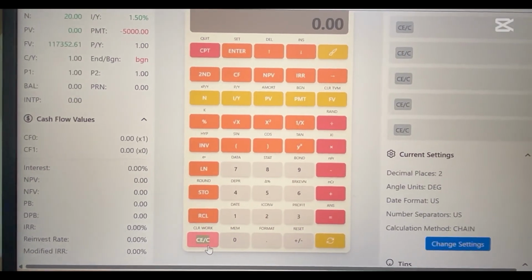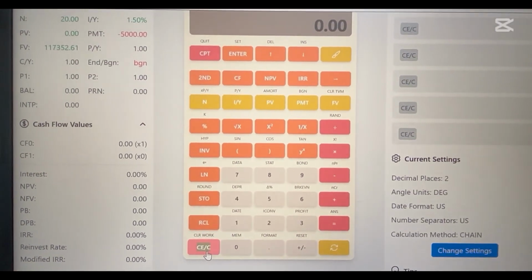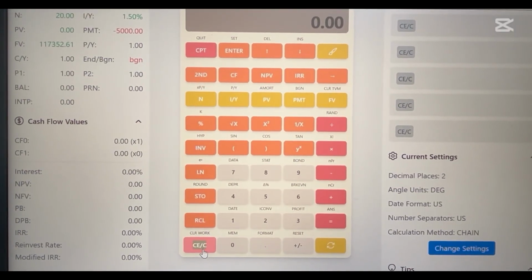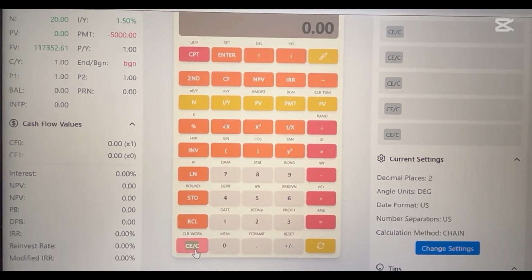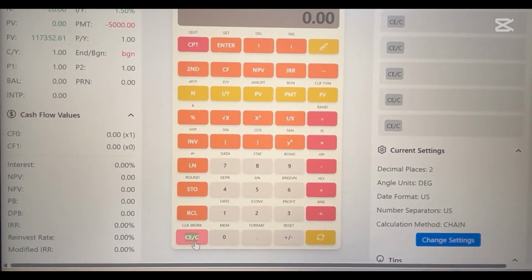Or the second method is to use the financial calculator method, but remember, since this is an annuity due, we must set the calculator to beginning mode before calculating.